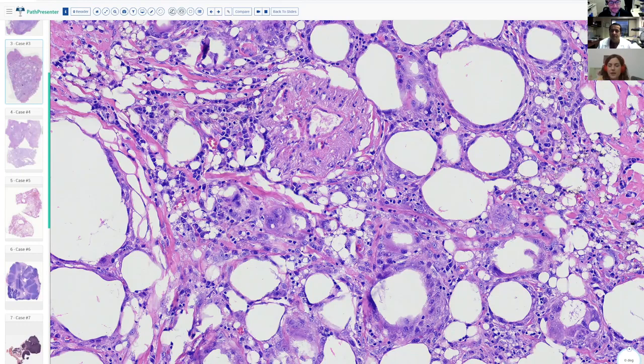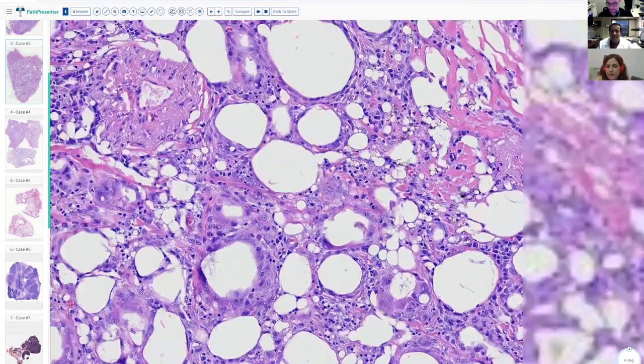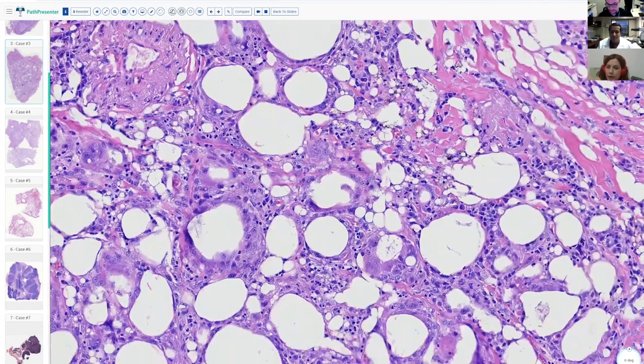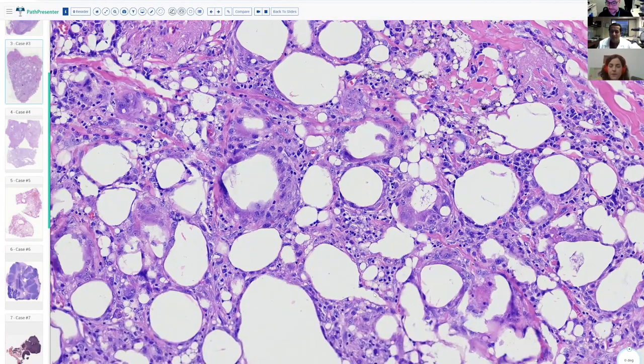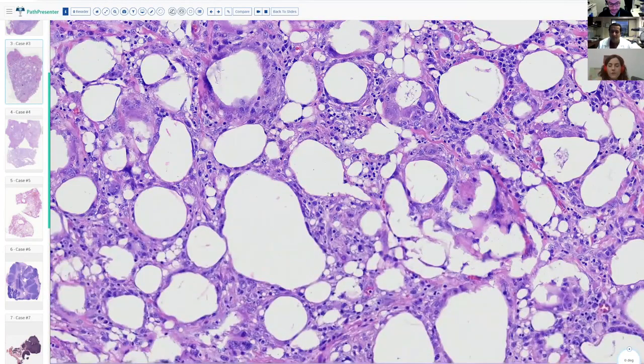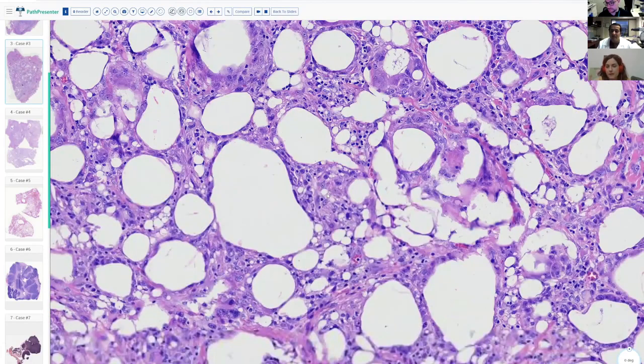I put this in the pathology set for residents, and they don't get it the first time they see it. I have to show the giant cells around the empty spaces, and that case was very beautiful because it had the lipoid pneumonia and also some food.